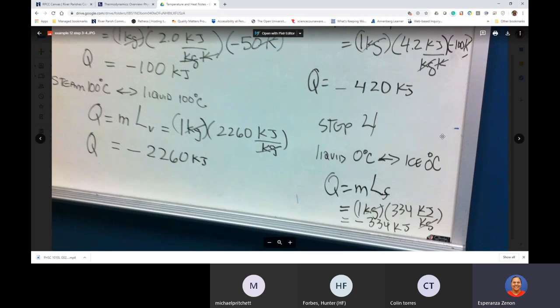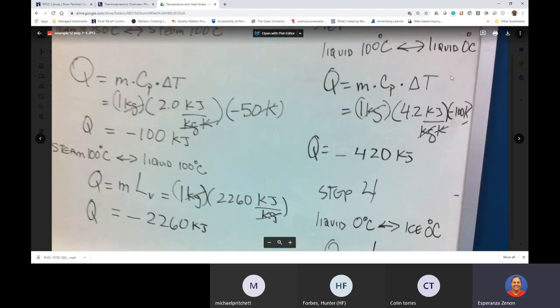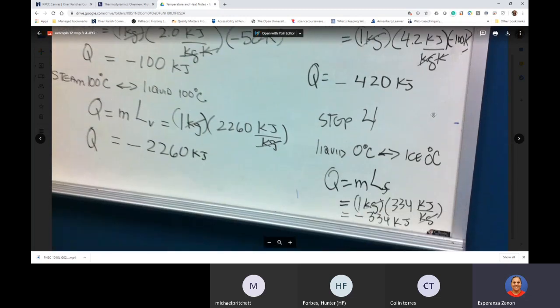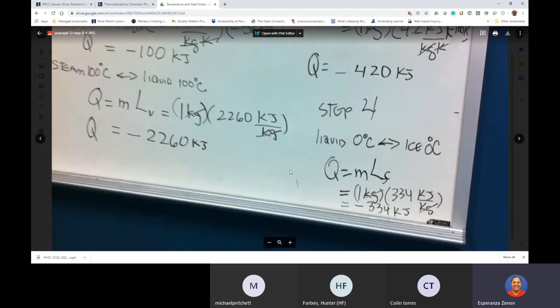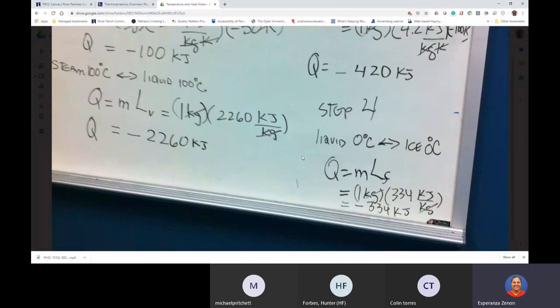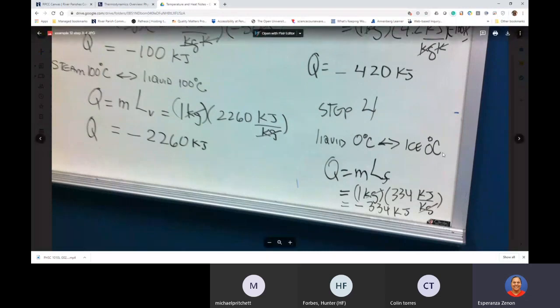But I'm not done yet, because I am at the right temperature, but I'm not at the right phase. So step 4, I need to remove some more heat so that I can change this liquid from 0 degrees Celsius to ice at 0 degrees Celsius. So I go back to my latent heat formula. That says Q equals mL.